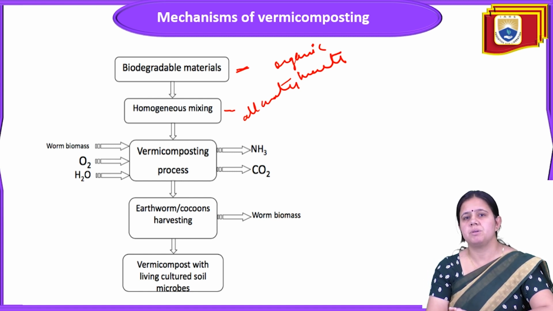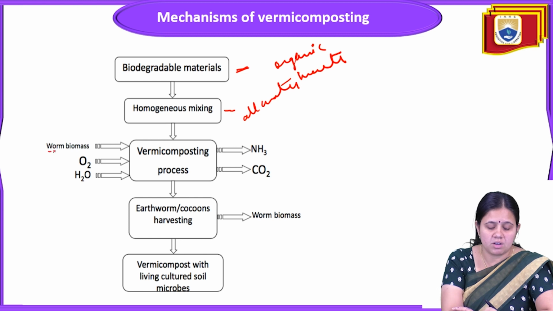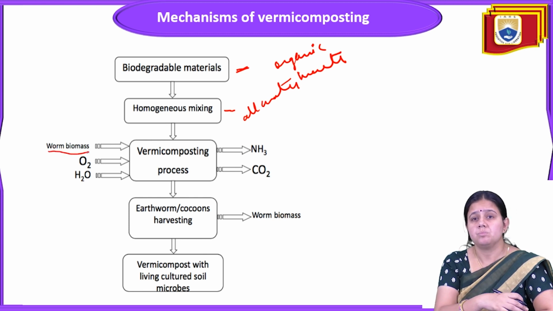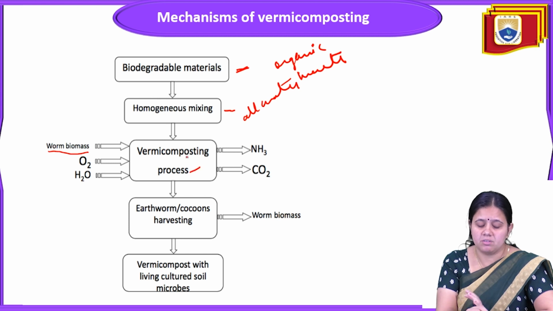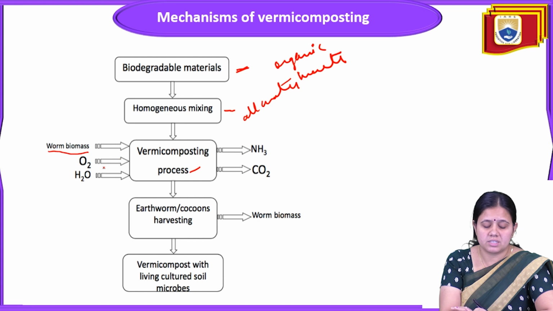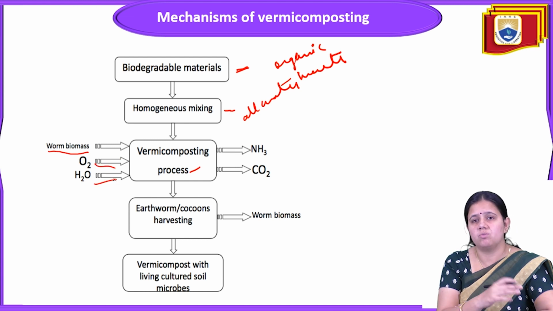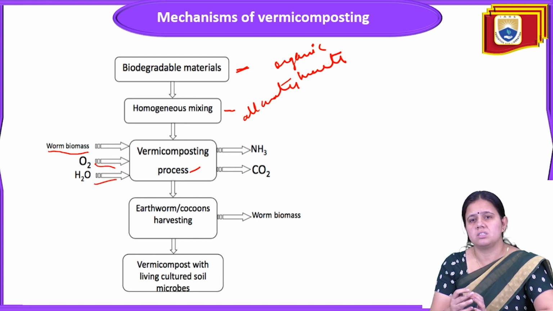In the vermicomposting process, the first thing is the worm biomass. Worms will be added, and oxygen and water are required. With the worms, we add oxygen and give water also, so that the earthworms can perform well and survive in this particular condition.